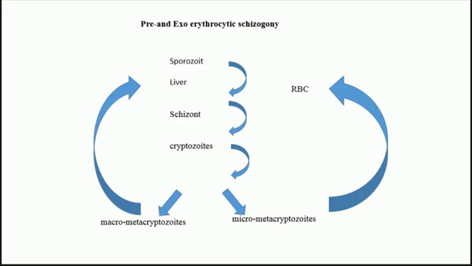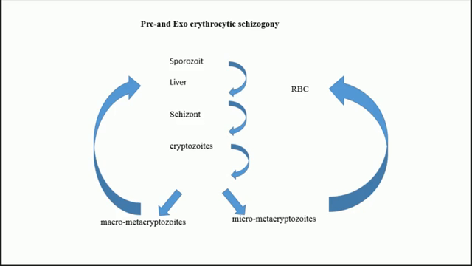Cryptozoites, we have seen that the nucleus divides into many, and then suddenly they come out of the hepatocytic cell. When they come out of the hepatocytic cell, they are first called cryptozoites, but later a second time they enter and go through the same process.